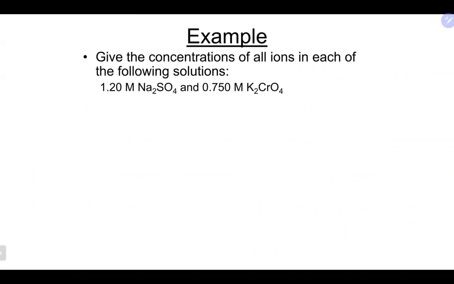So we talked a little bit earlier about ions and how concentration works with ions. If we look at each of these separately, this is sodium sulfate. When we have something like sodium sulfate, when it is in solution, it really is no longer together because it's a strong electrolyte.